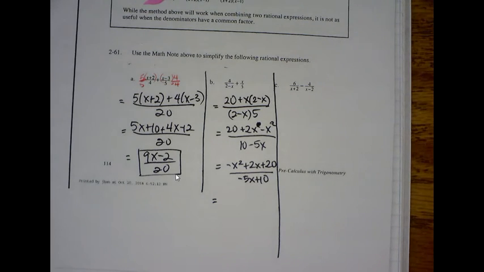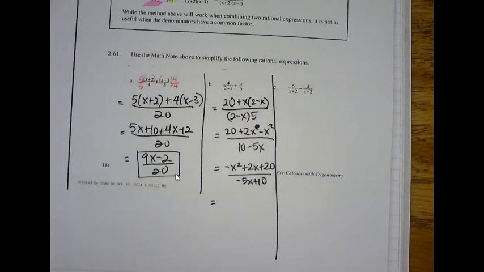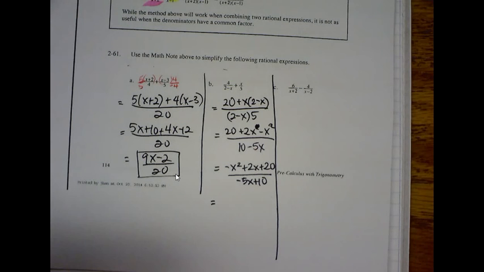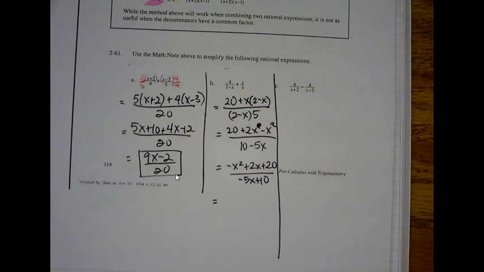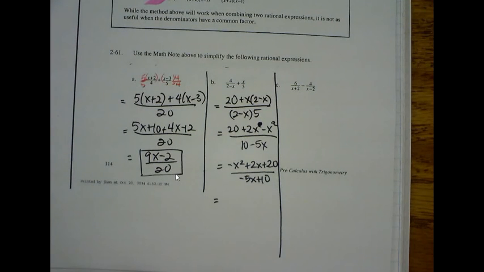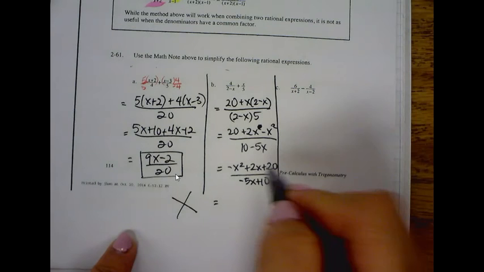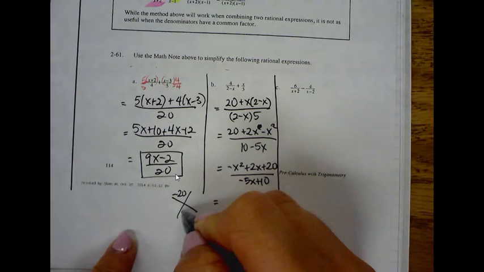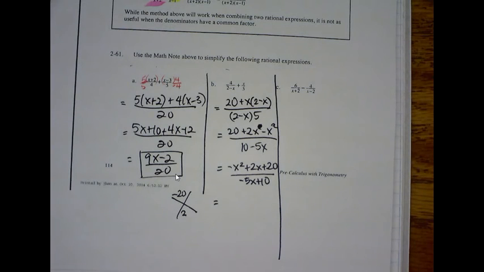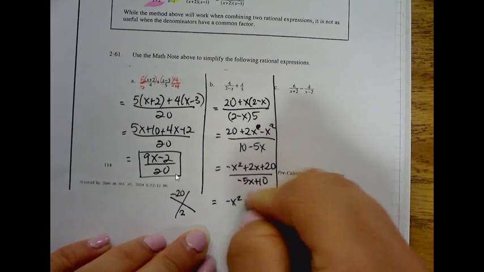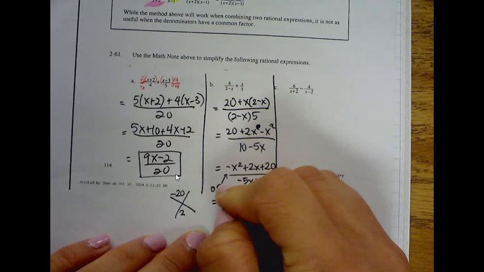What two numbers multiply to negative 20 but add up to 2? 4 and 5, 2 and 10, 1 and 20. So none. Okay, so we can't factor it. We can leave it. If you want to factor the bottom, you may, but you don't need to. Okay, any questions on that?